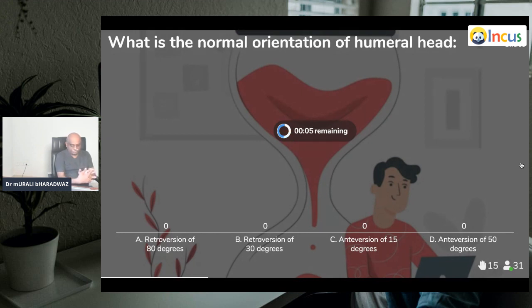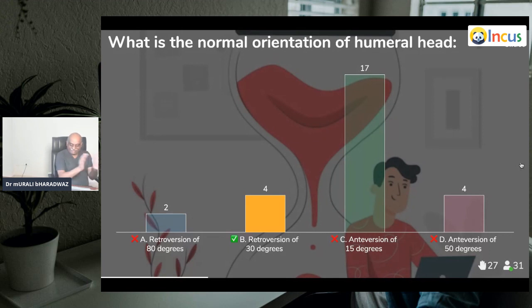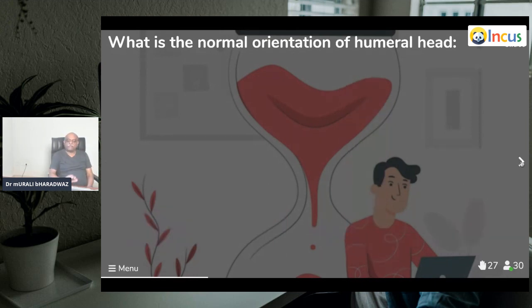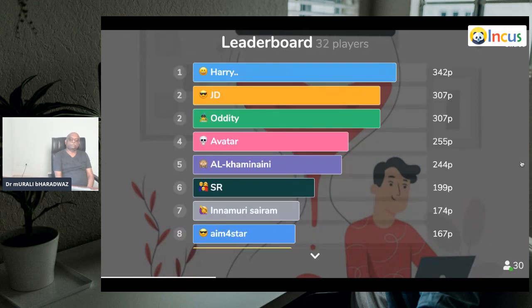How many degrees? Grilling question. Most of you wrongly answered as anteversion of 15 degrees, but it is retroversion of 30 degrees. That's the point of interest. That keeps Harry on the top.